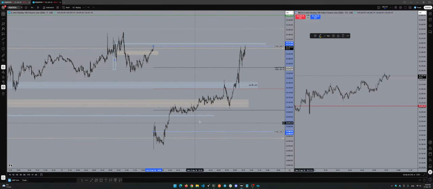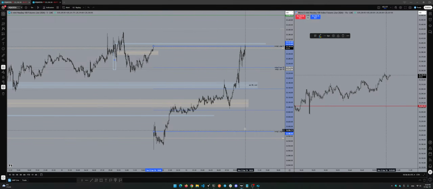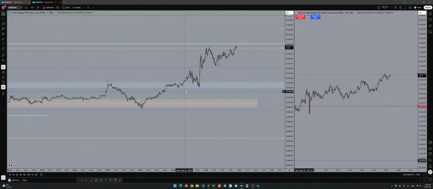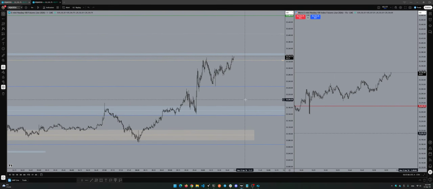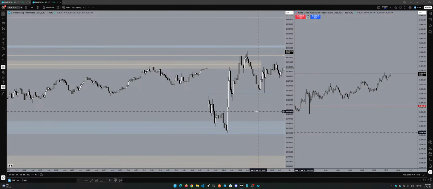Template. I don't need these ones. Okay. Something like this. Switching back to 1 minute. Need to mark the opening range gap.